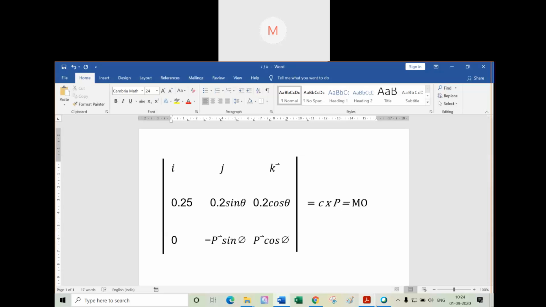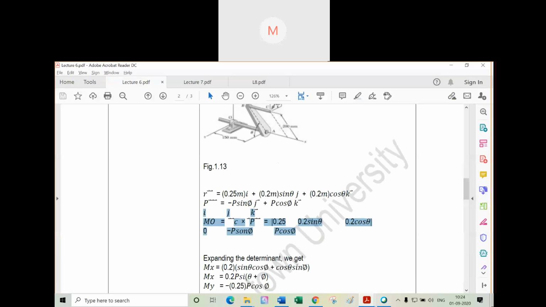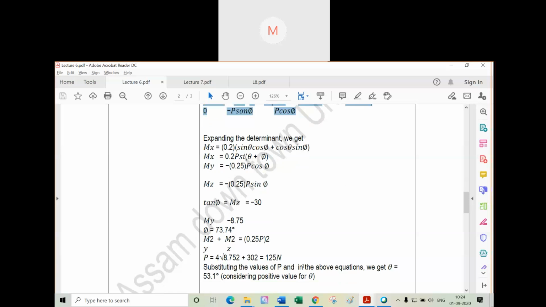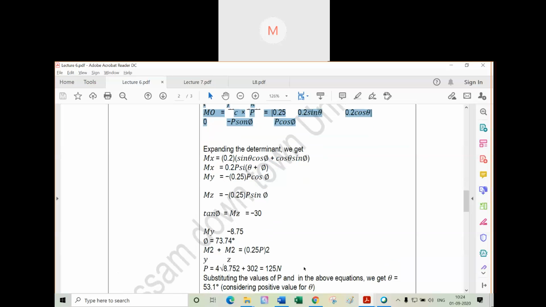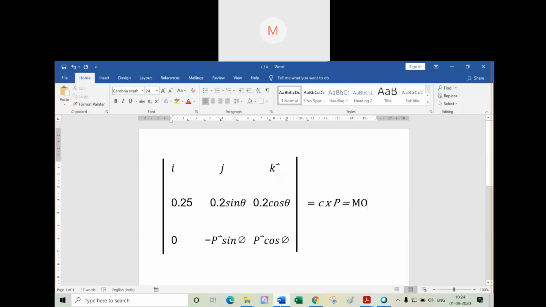Now after that, you just have to find out the moments, you just have to cross multiply it. That's it. Simple as that. Now look, Mx equals 0.2 into sin theta cos theta plus cos theta sin theta.